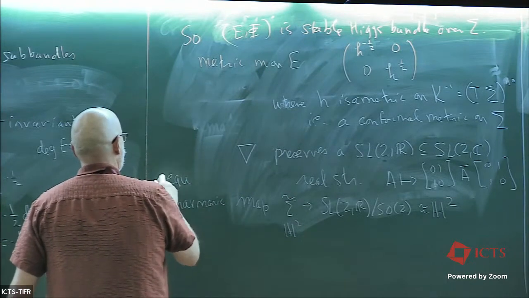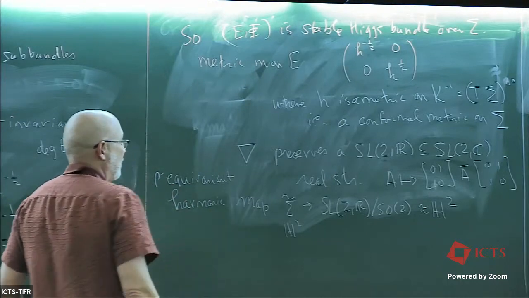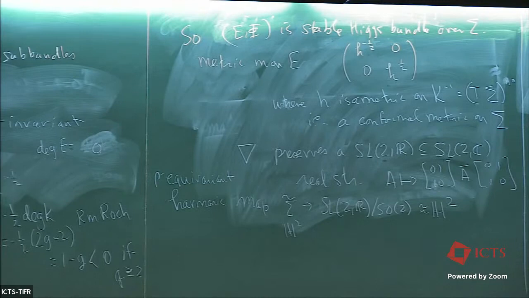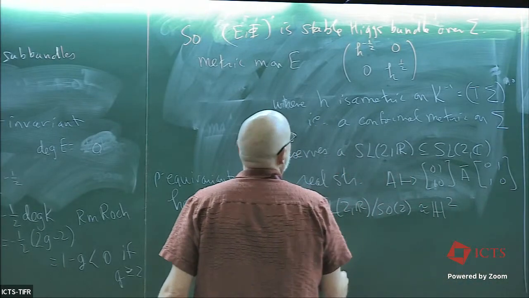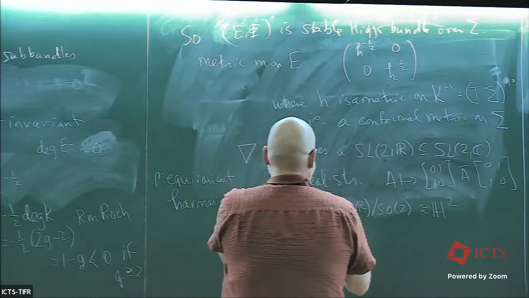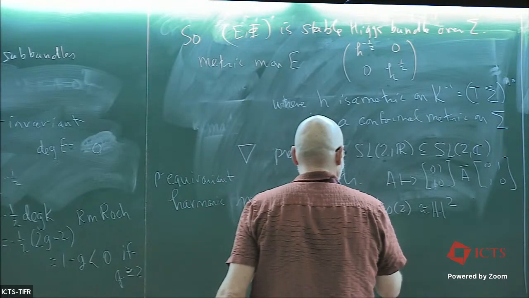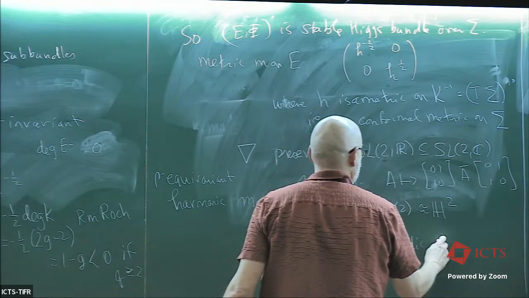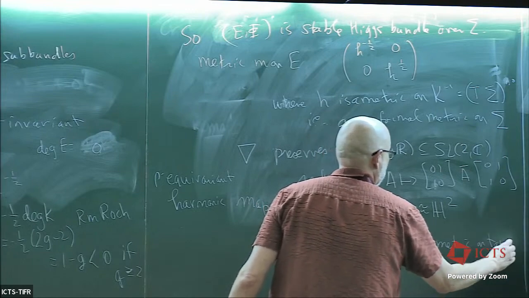So a rho-equivariant harmonic map. And in fact, in order for this to be a harmonic map, this H is a hyperbolic metric on the target.